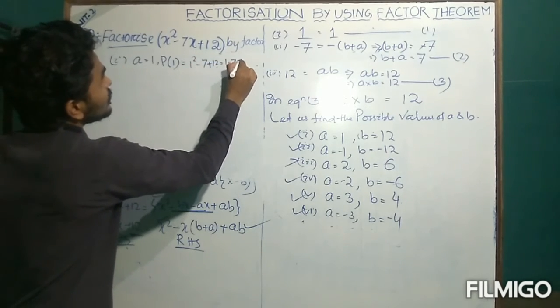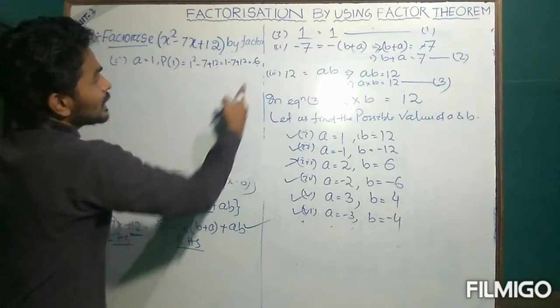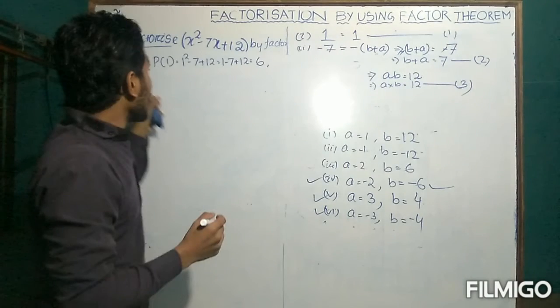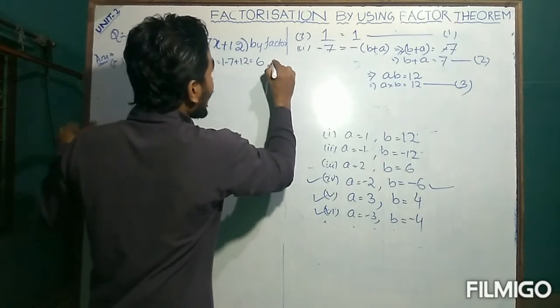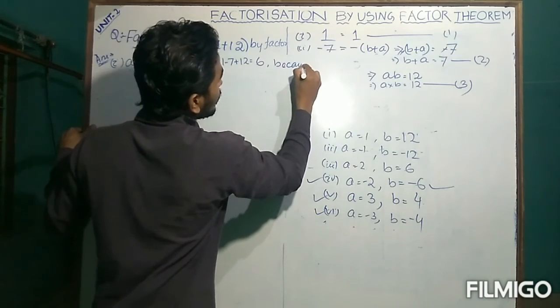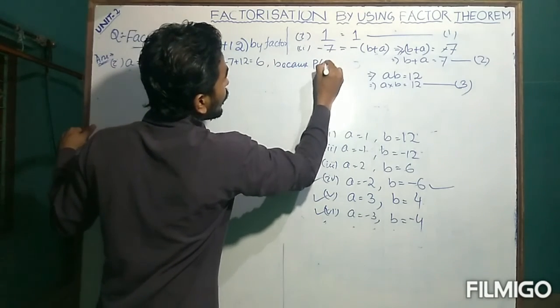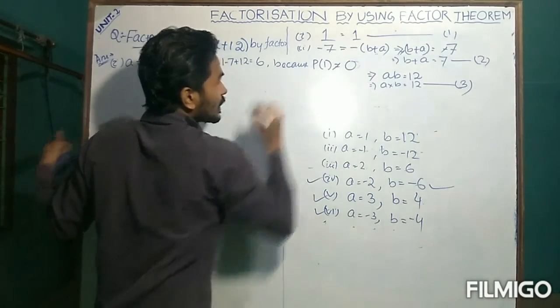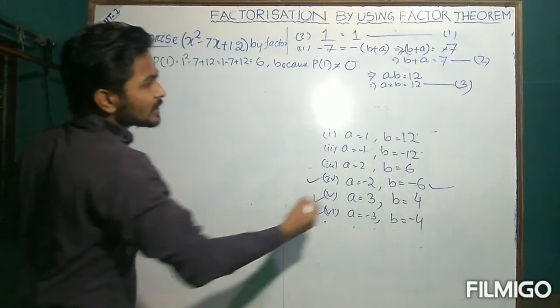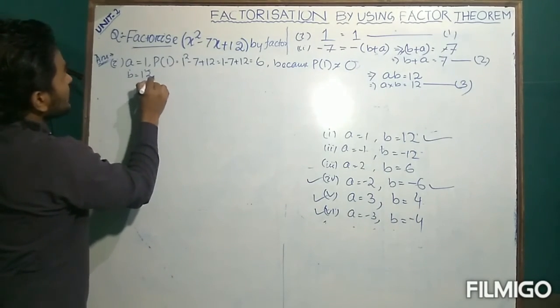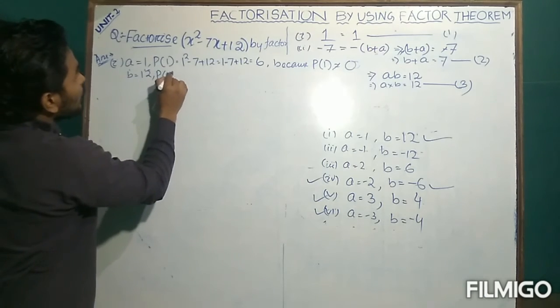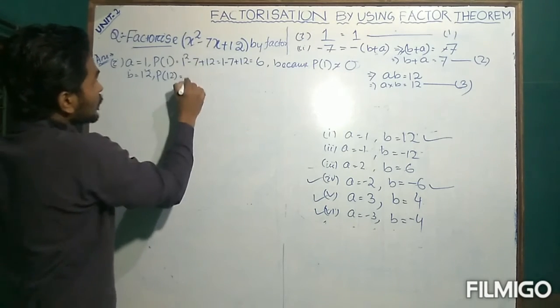So it will be 1 square minus 7 into 1 is 7 plus 12. 1 minus 7 plus 12 is 6. Is it 0? No. That's why A is equal to 1 is not a zero of the polynomial, because p of 1 is not equal to 0. Now let us check with B is equal to 12. So p of 12: in the place of x we will put 12.